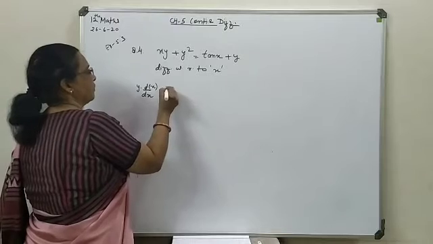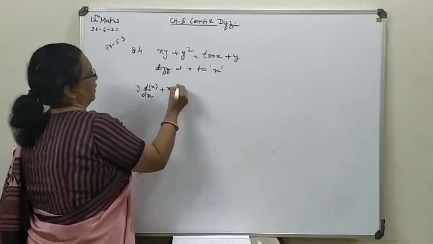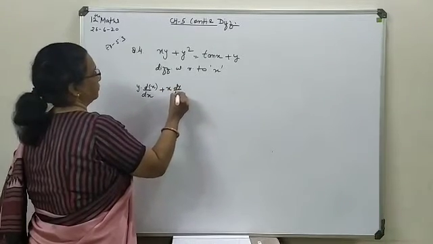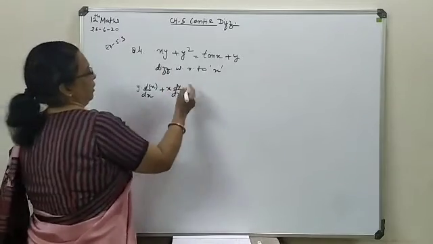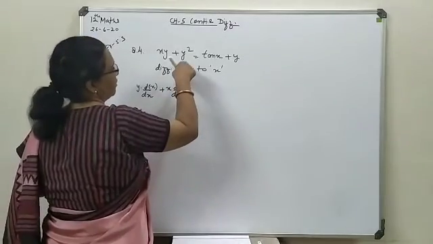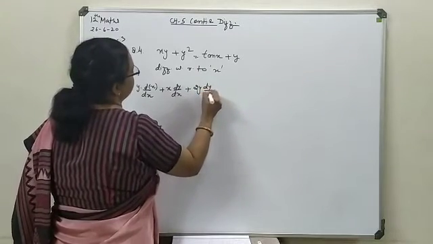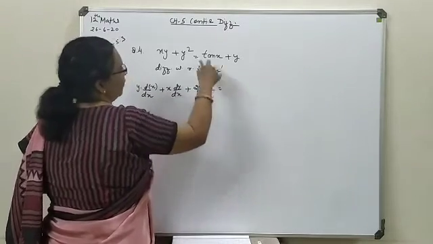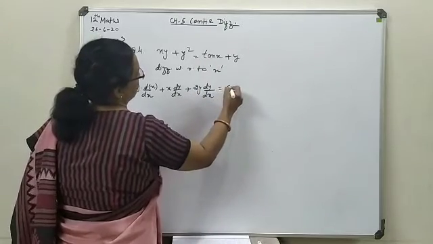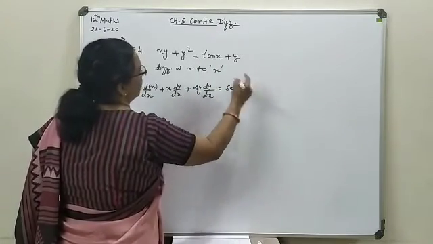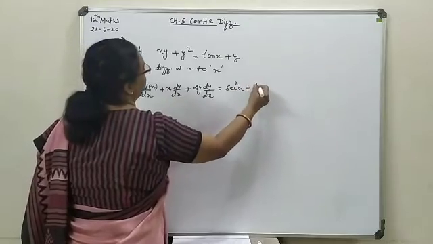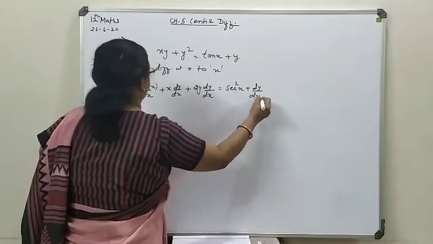For the second one, keep x outside and write the derivative of y. Secondly, the differentiation of y square will be 2y dy by dx, compulsory to write. Differentiation of tan x is sec square x. Here also the derivative of y you will write as dy by dx.